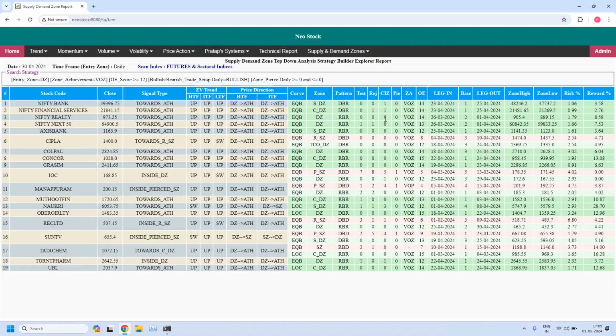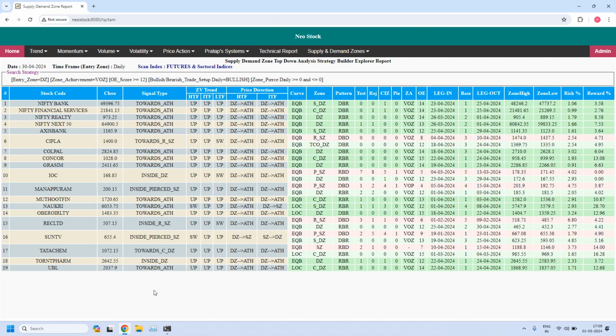Because recently Nifty reached the all-time high and many of the supply zones might have been violated yesterday. That way many zones are currently supporting all-time high zones, but they don't have supply zones. Only the light green color zones have a supply zone.